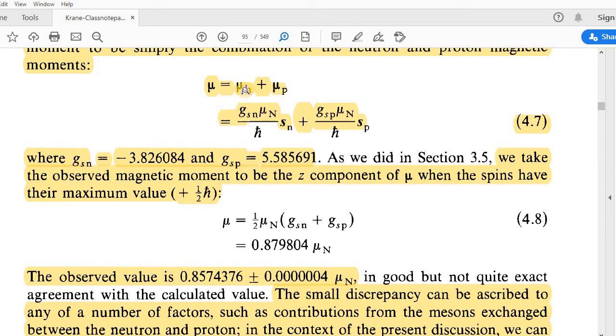Then substituting these mu n and mu p values, we will get an equation like this, where the values calculated for GSN is minus 3.826084 and GSP is positive 5.585691.